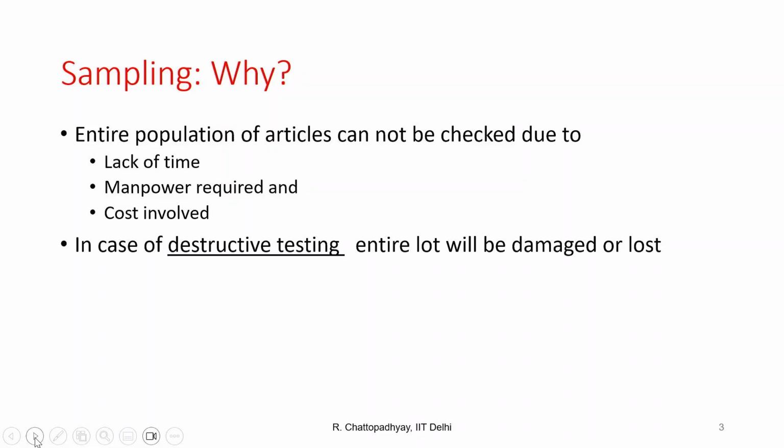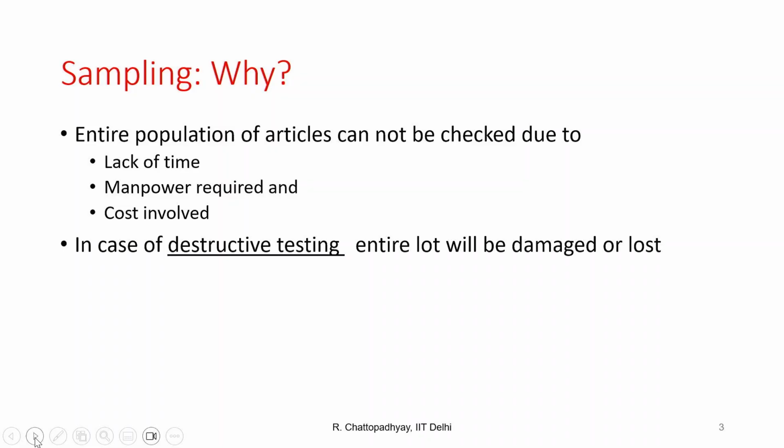Another important aspect is that sometimes the tests are destructive in nature. There are two types of tests that we perform, destructive and non-destructive. In a destructive test, if I want to test the entire population, the entire lot is going to be completely damaged or it cannot be used.